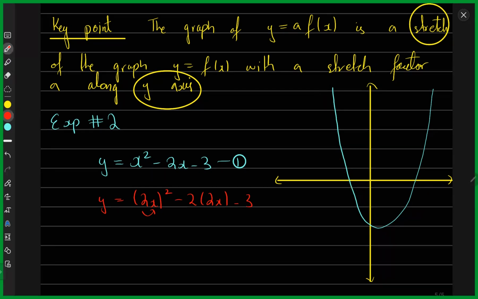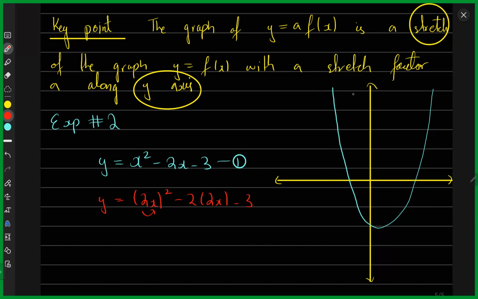When you multiply x by 2, yes, you'll call it a stretch, but it won't stretch. The graph would basically shrink. And when I multiply 1 by 2 with x, then it would actually look like a stretch. So it's the other way around. Let me just make the graph of this one, and then I'll explain the idea about it.